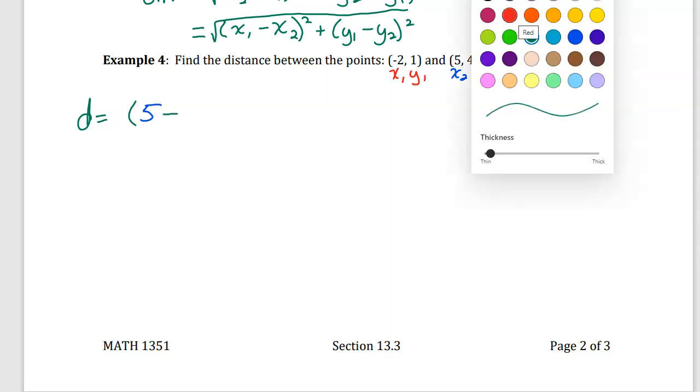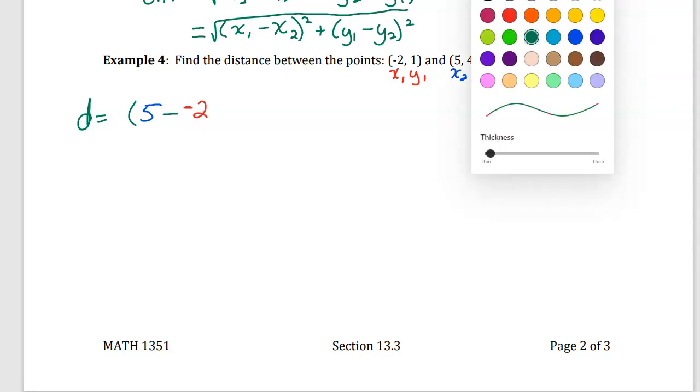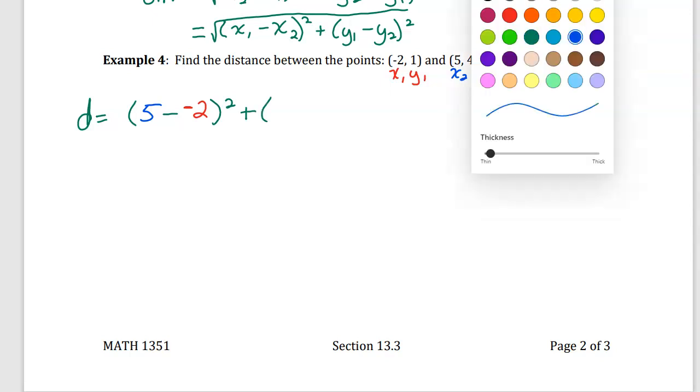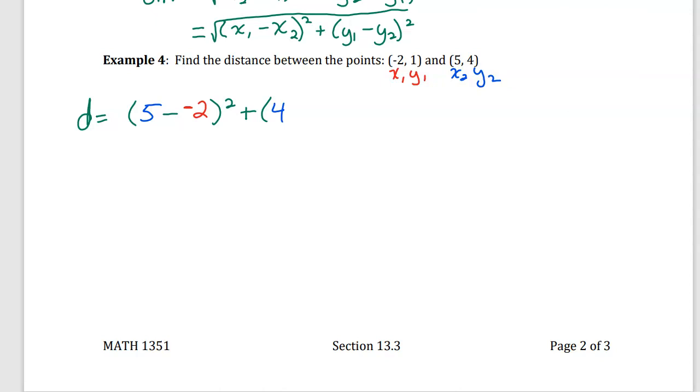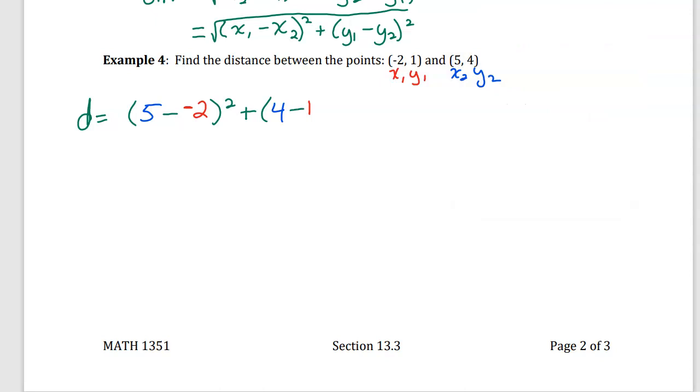And I want you to pay attention to that because I'm going to do 5 minus a negative 2 squared plus a 4 minus a 1 squared and take the square root.